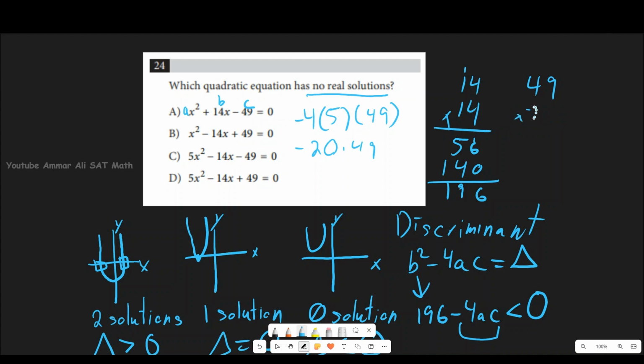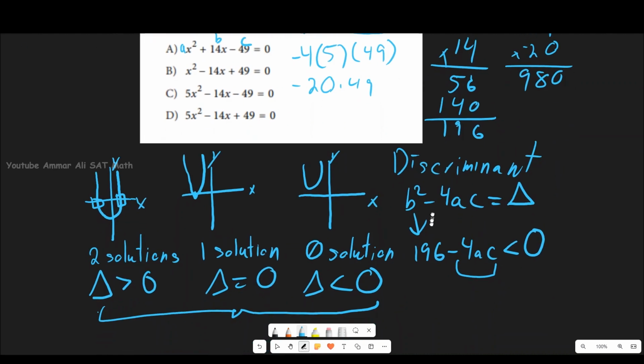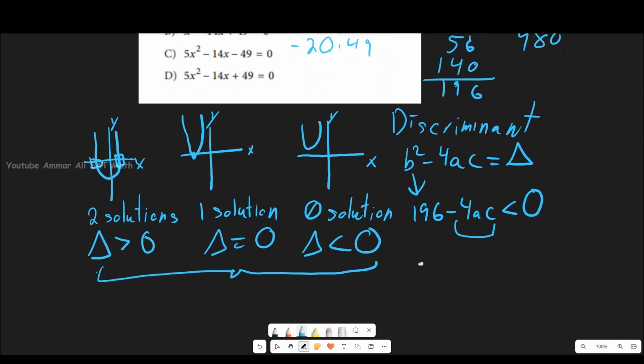We just put the 0 down here. 2 times 9 is 18, carry the 1, 2 times 4 is 8, plus 1 is 9. Okay, so I think we found our answer, because we know for certain that 196 minus 980 is less than 0.